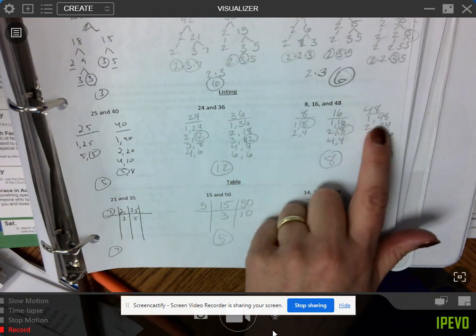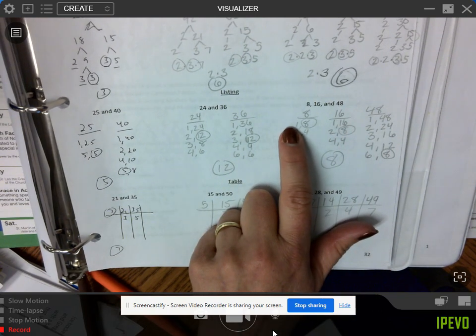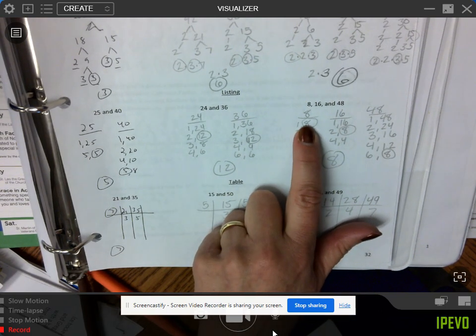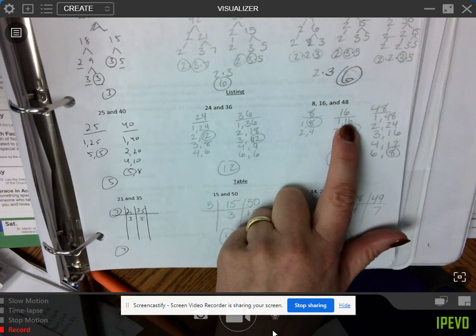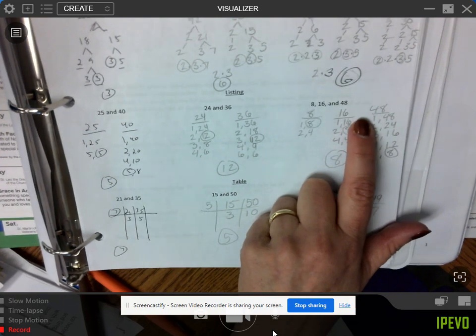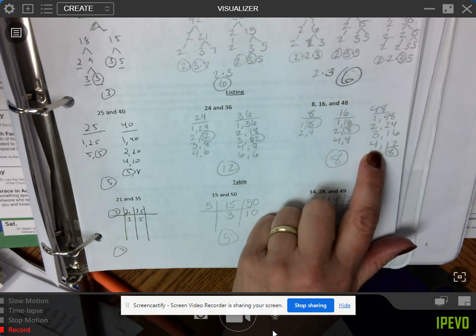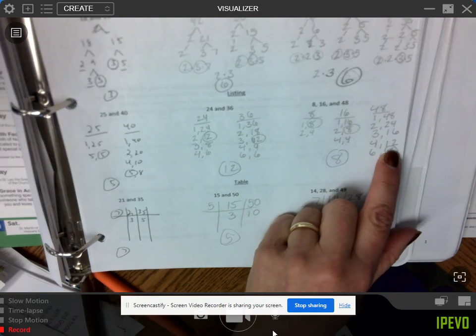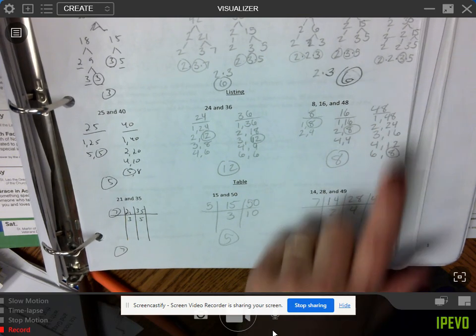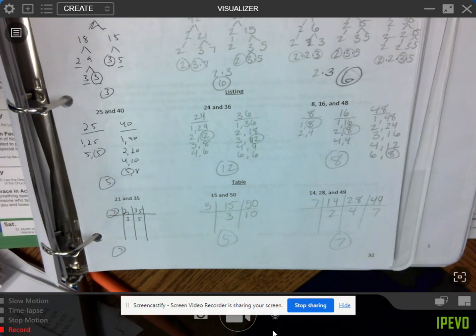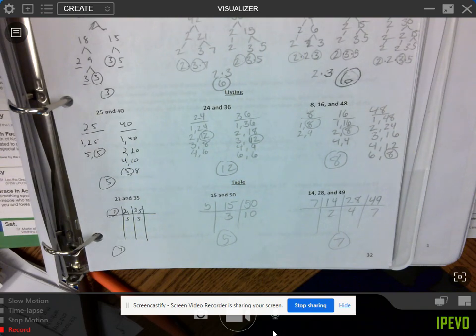8, 16, and 48. I see the factors 1, 2, 4, and 8 for 8. For the 16, we have 1, 2, 4, 8, and 16. And for 48, we had 1, 2, 3, 4, 6, 8, 12, 16, 24, 48. You need to make sure you are listing all of those factors.